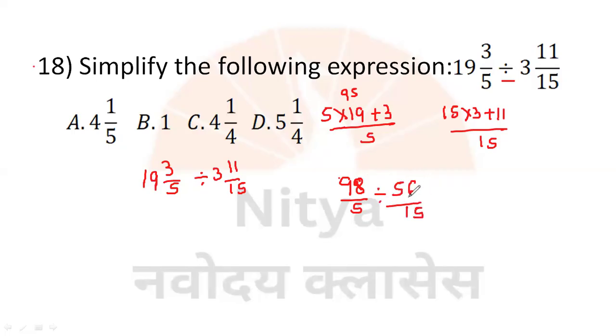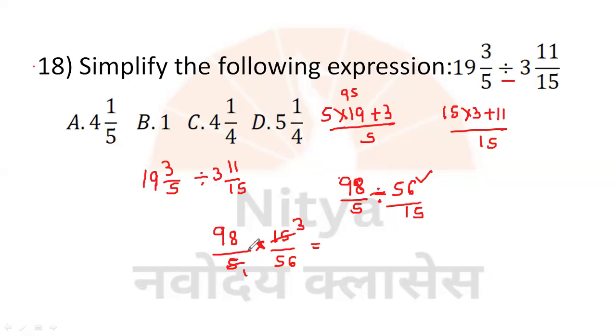So we know that in division of fractions, we have to reciprocal the second fraction. So here the second fraction is this. So we have to reciprocal. Reciprocal means the numerator and denominator get interchanged. Yes, na? So 15 comes in numerator and 56 comes in denominator. So now we have to multiply. How? So 5 ones are 5, 5 threes are 15.